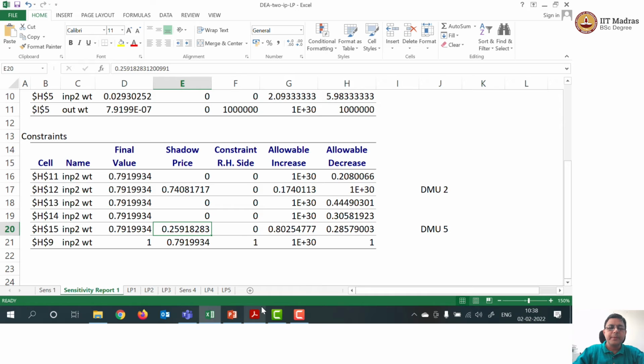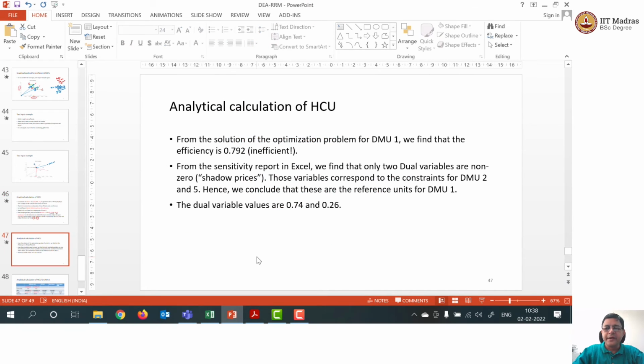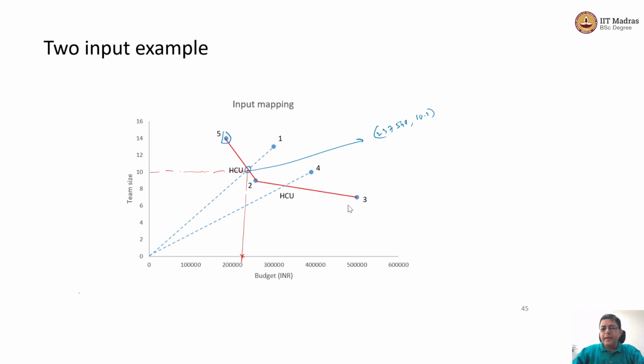Let us go back to the PPT and see these calculations already done for you. Let me load the PPT. We have seen the geometric solution to identify the coordinates of HCU. Now we have the dual variable values obtained from the optimization problem for the inefficient DMUs.